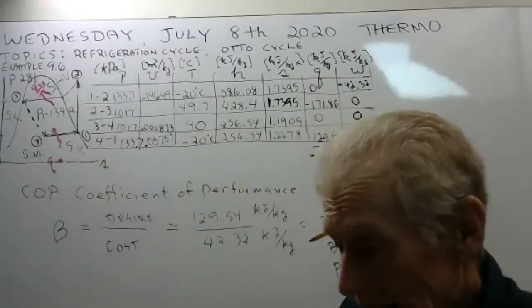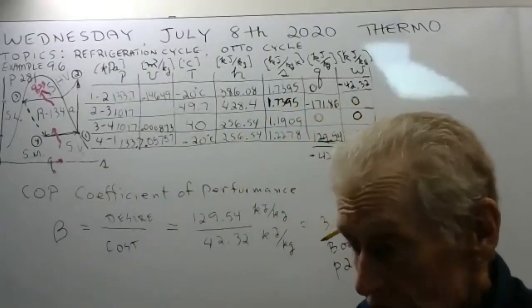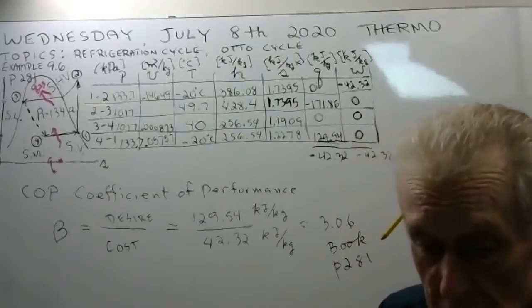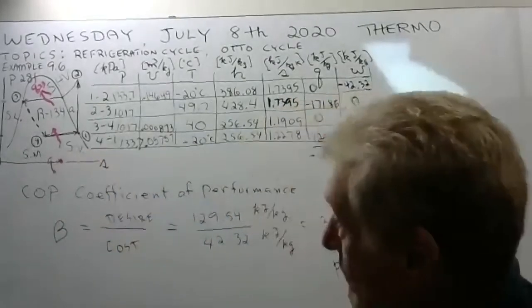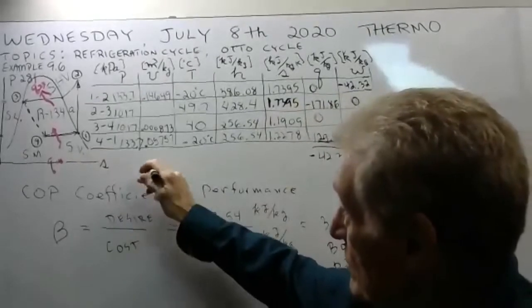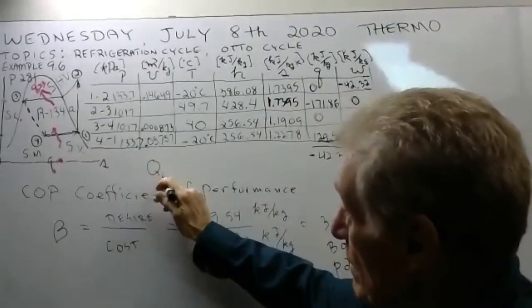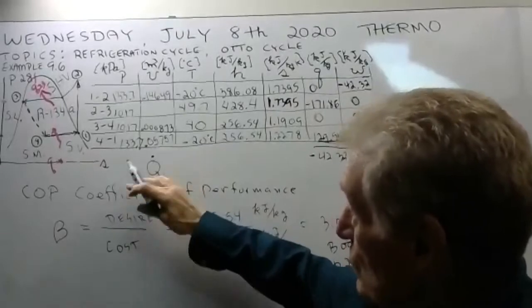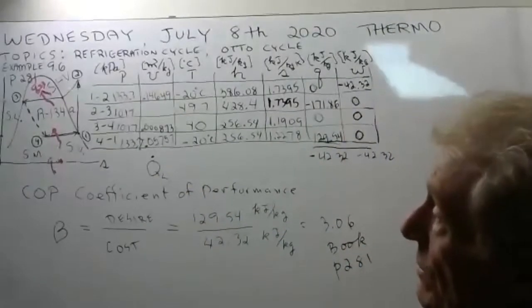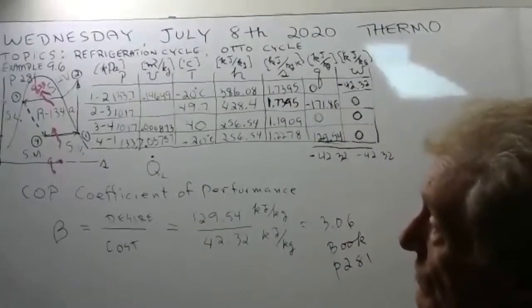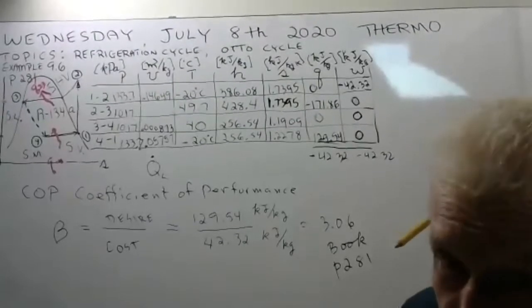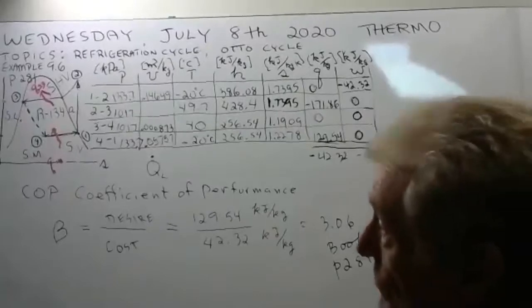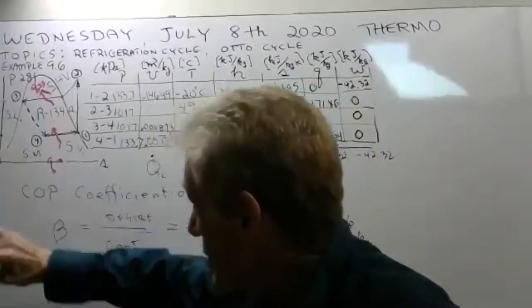But the capacity of an ice plant or a refrigeration plant, it's this here. It's the QL dot. That's what they want. They want to know what the heat transfer rate is at the low temperature. See, the low temperature in this case is minus 20 Celsius.